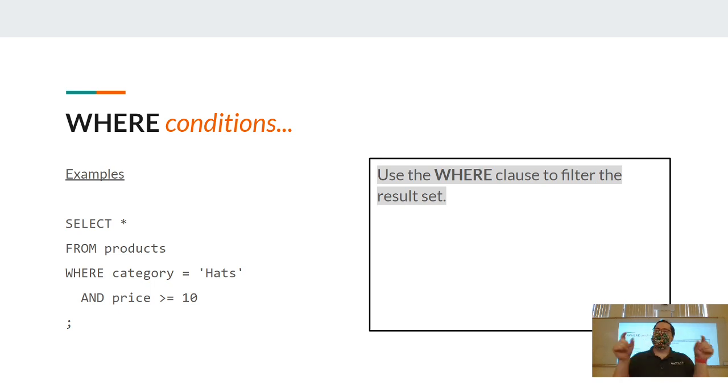I can do comparisons, like equals, you'll note that my equals is a single equals. SQL is a little bit weird in the sense that single equals in SQL sometimes means equality and sometimes it means assignment. It actually means both. If it's in a where clause, though, a single equals always means comparison.